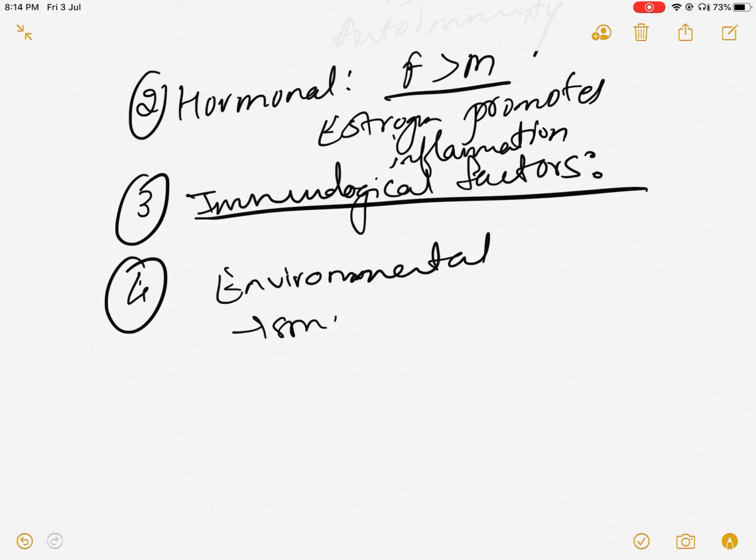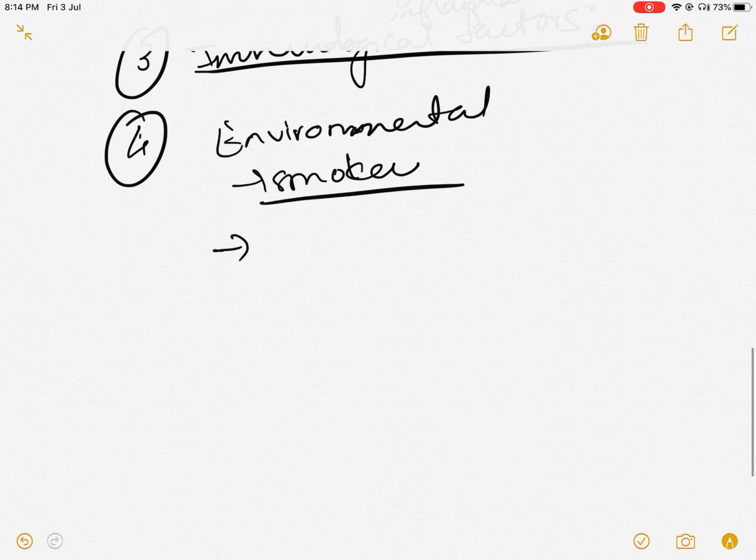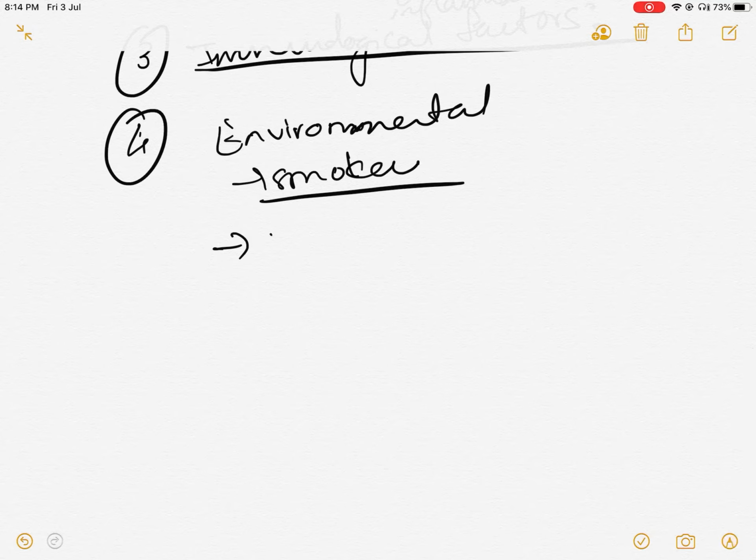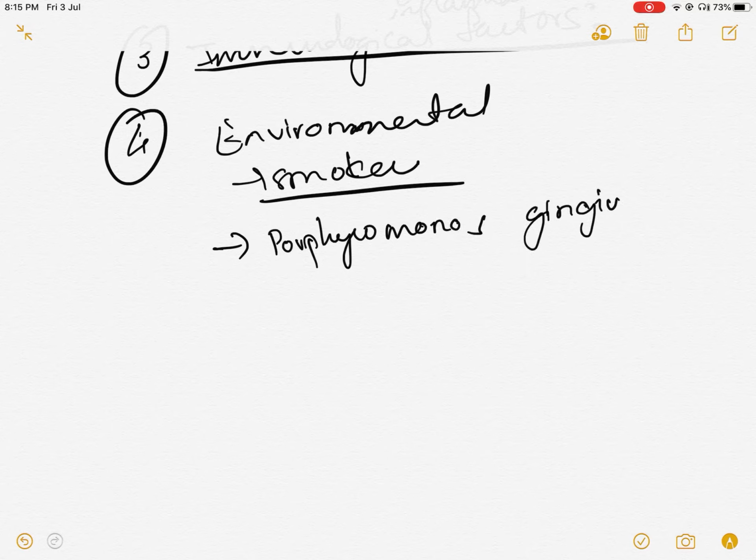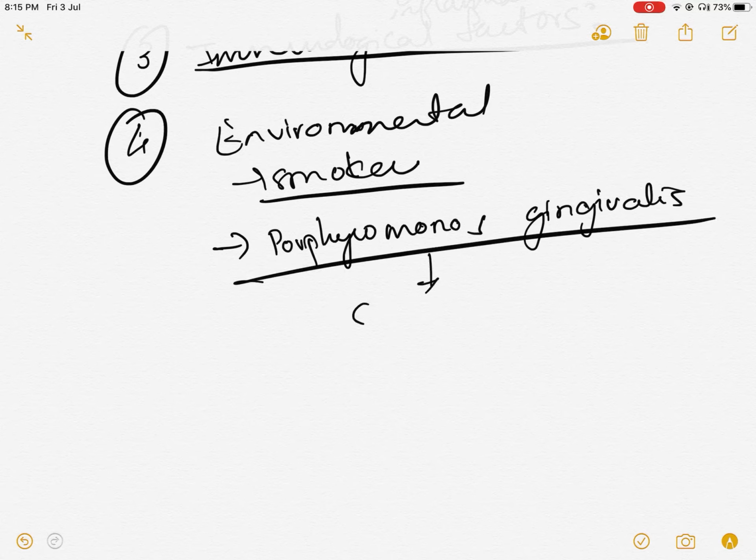Cigarette smoking increases the risk of rheumatoid arthritis. The second most important point is a bacteria, that is Porphyromonas gingivalis. What this bacteria does is that it causes chronic inflammation of the gingiva.